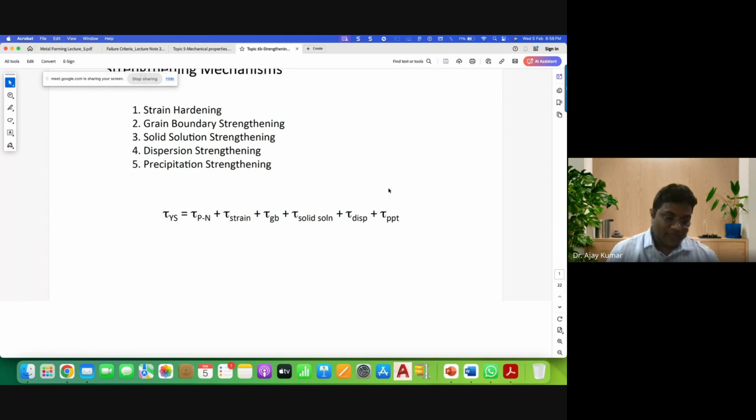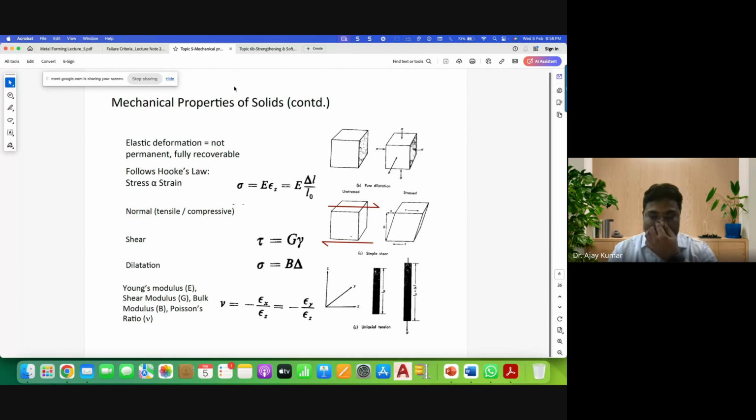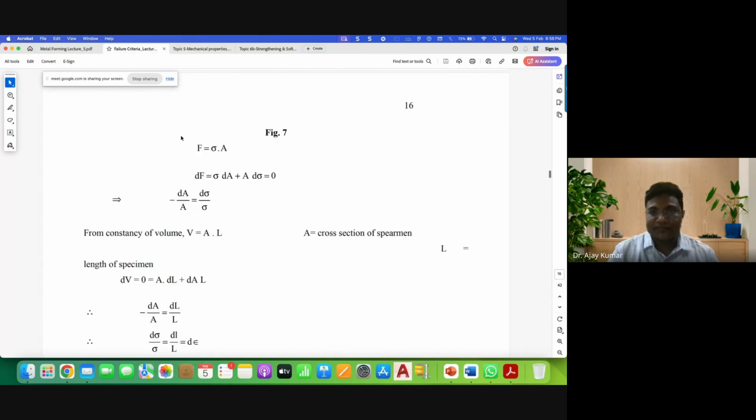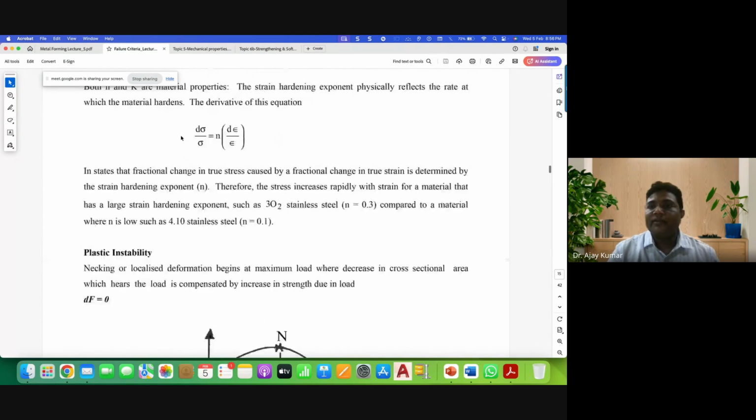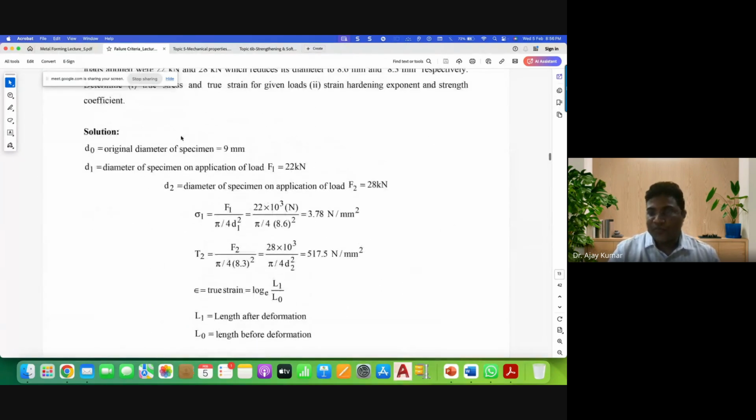If you have smaller grains, they will give you better properties compared to large size grains. So five strengthening mechanisms, and then the mechanical testing, and then calculating all the mechanical properties of the materials. This is how I have explained it to you. Now I will stop here.